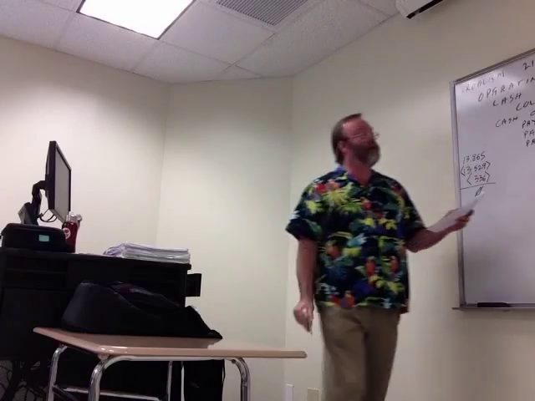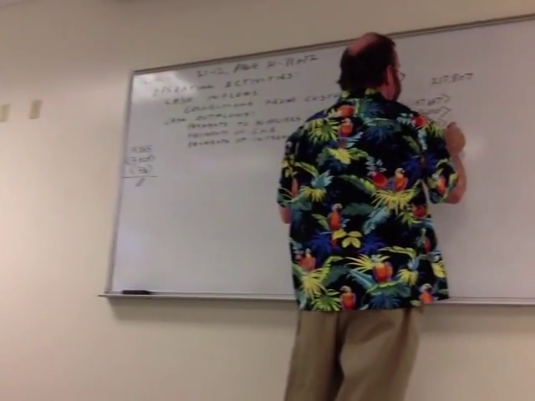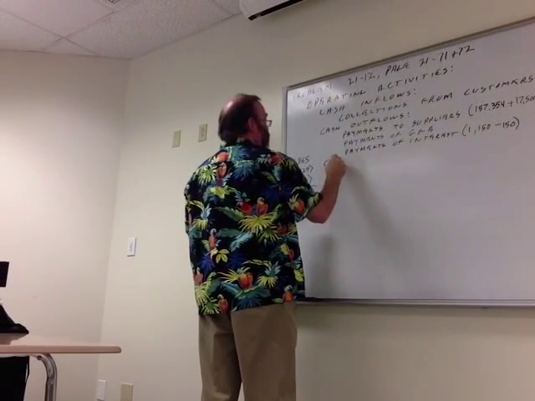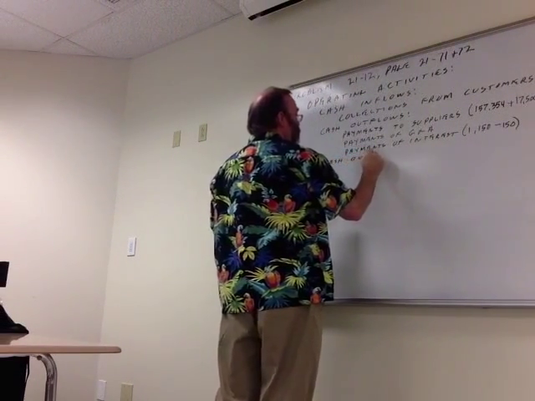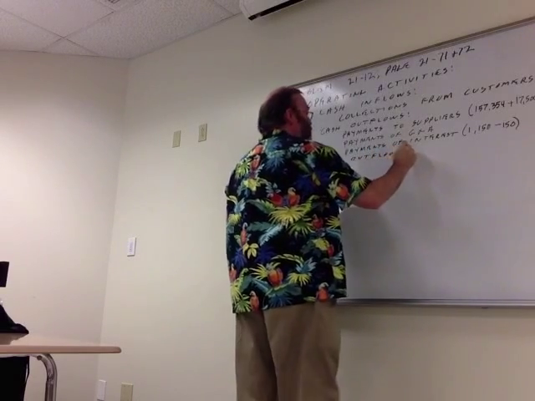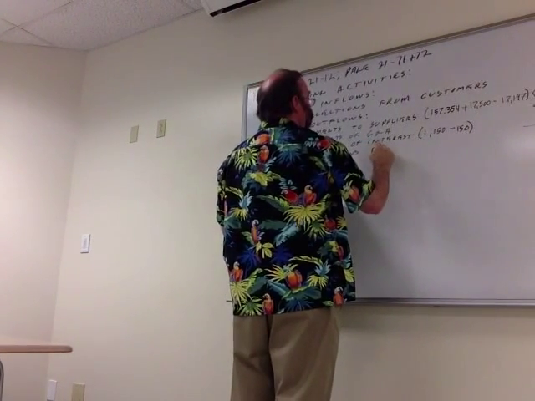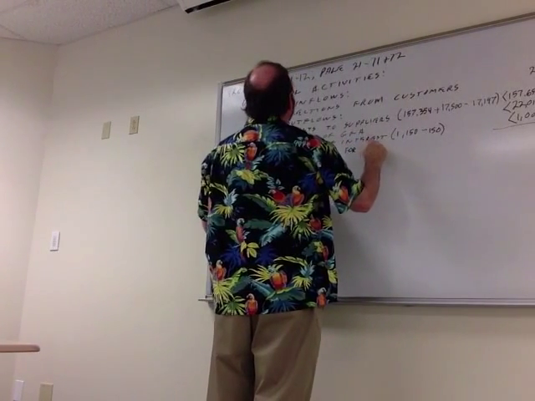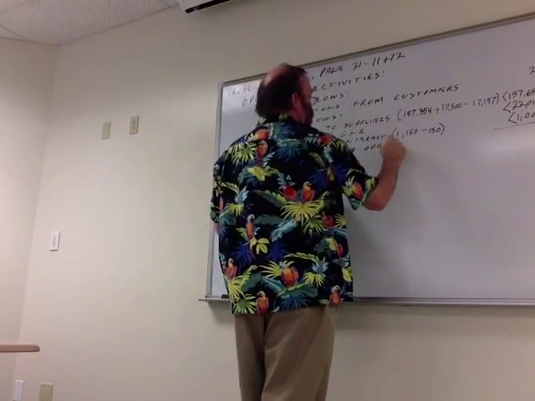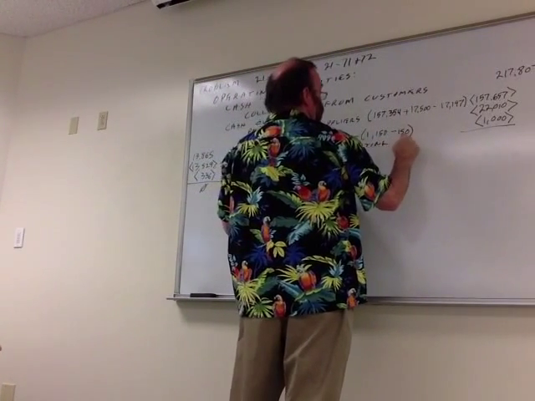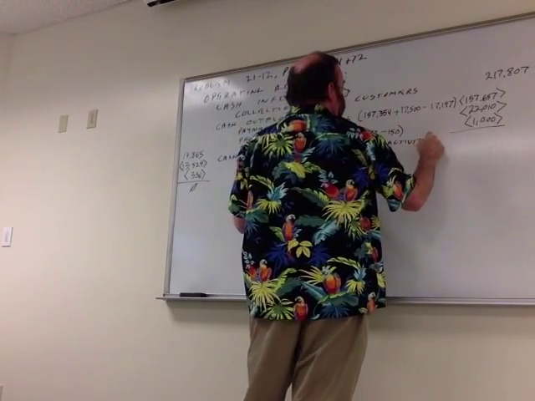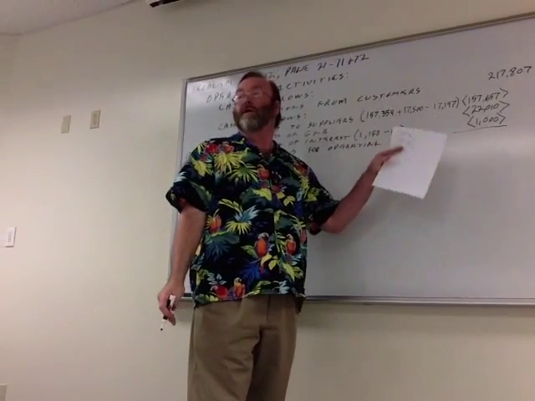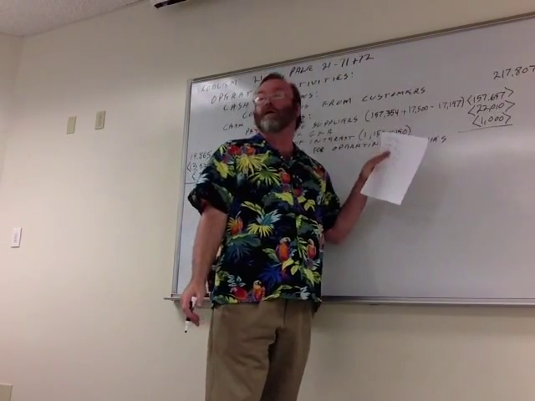All right, if you add all this up, you get a total of cash outflows for operating. I don't have that total. Anybody total that on your computer? Those 3 negative numbers?